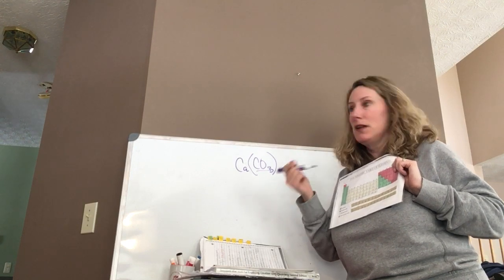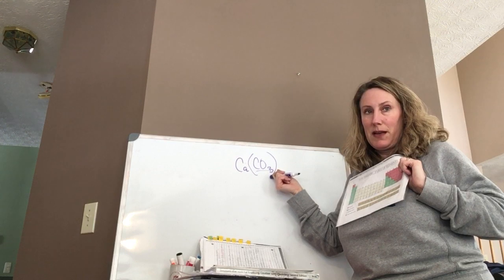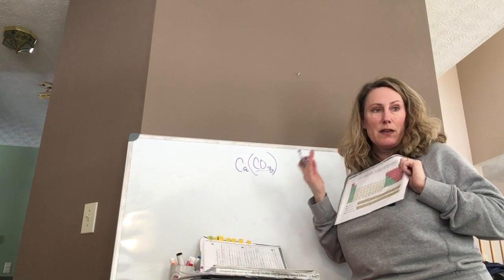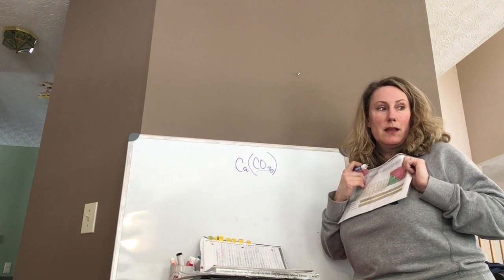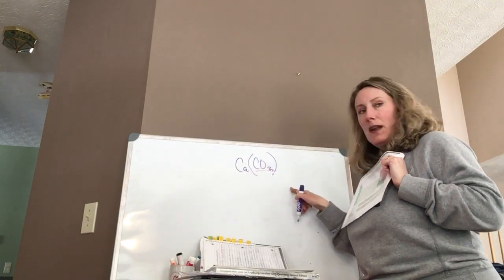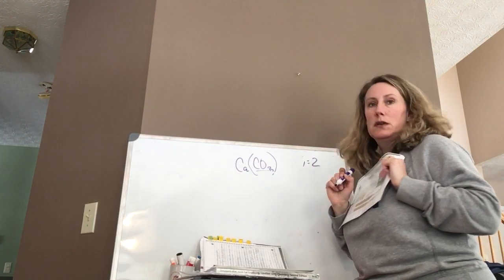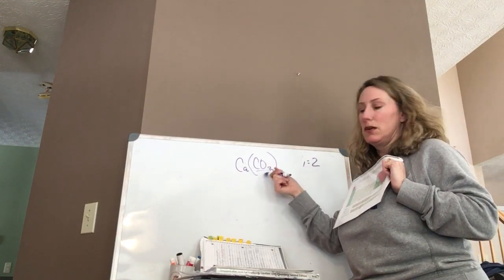So this is going to be your hardest one. It's carbonate, a polyatomic ion. So what's your I? 2, because it breaks into a positive calcium and a negative carbonate group. So your I equals 2. Okay? Probably the hardest one.